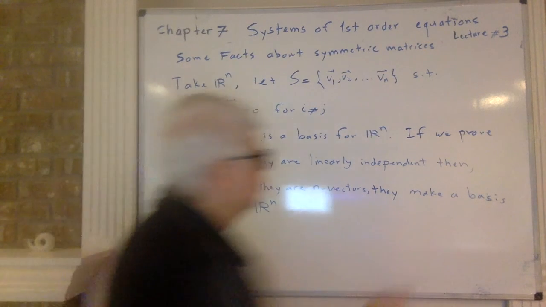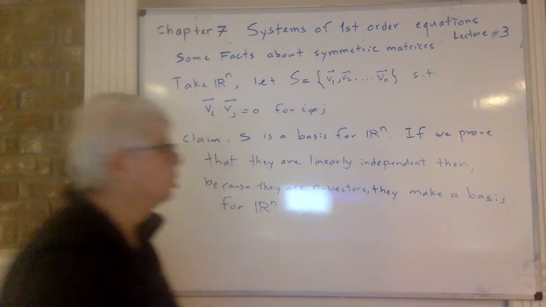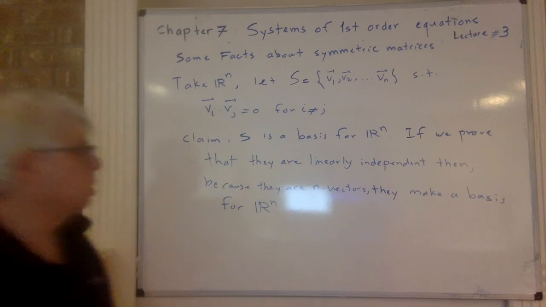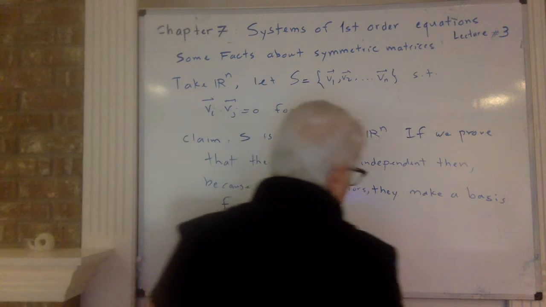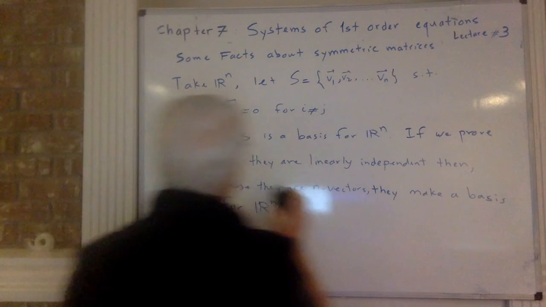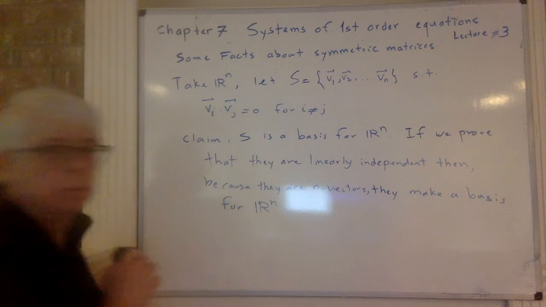So if I can just prove that they are linearly independent, because they are n, then they make a basis for Rn. So let's see if we can prove that they are linearly independent. So let me erase this.